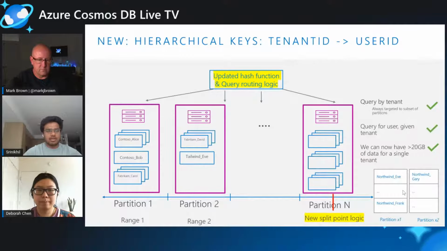But the tenant Northwind is, let's say, very small, say it's only 5 MB. So we do not want to split the Northwind tenant into two physical partitions, because whenever the user is running a query saying where tenant ID equal to Northwind, he has to hit two physical partitions. So instead, we try to move the data into a single physical partition.